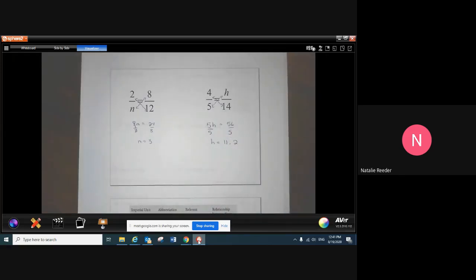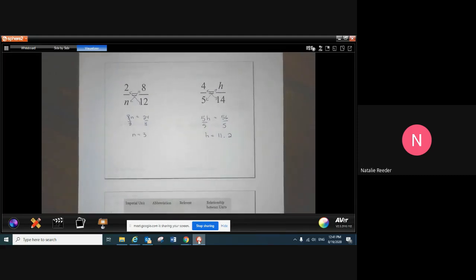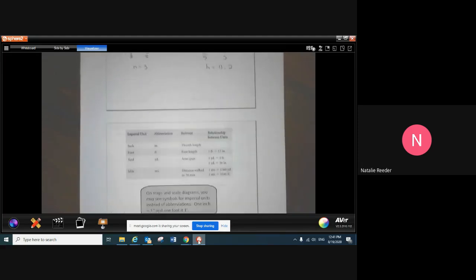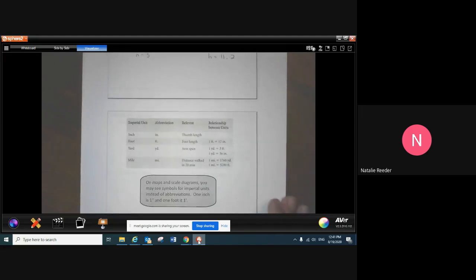So those are the same examples that we had covered, but it was just a reminder as to how to solve for those variables. So now, this just shows you the relationship between different units. Just to remind you, the imperial system is inch, foot, yard, and mile. And these are the conversion factors that we are going to use.